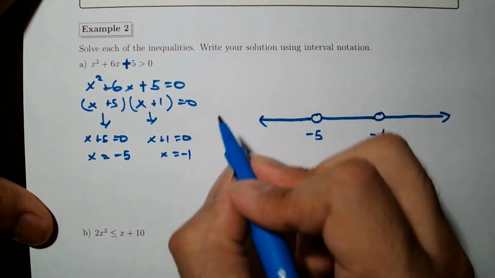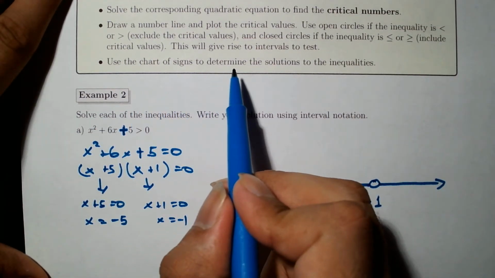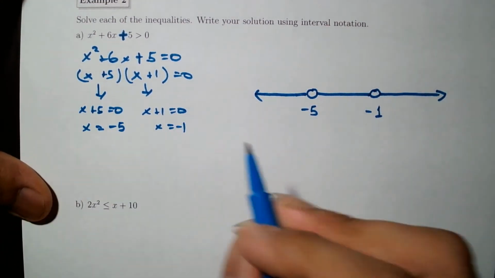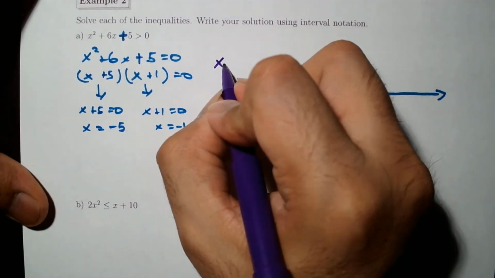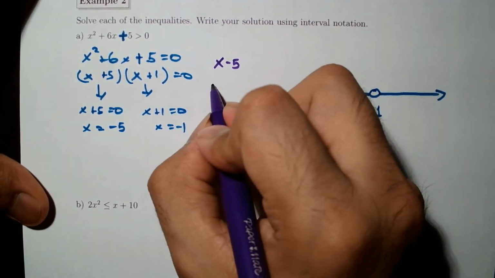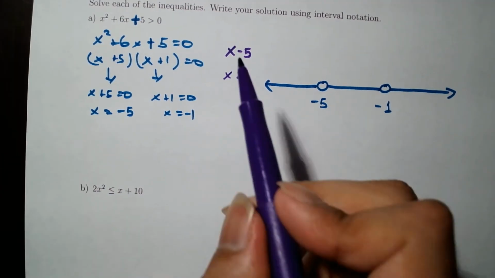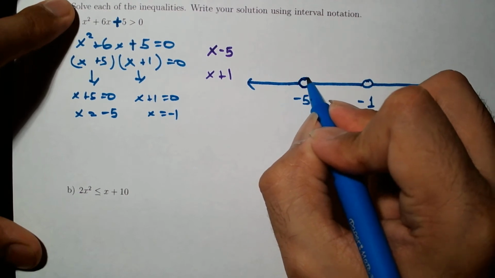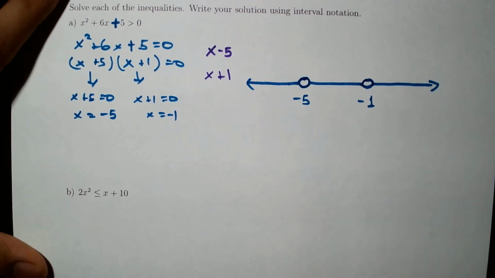Right next to it, I'm going to make a chart of signs to determine the solutions. I'm going to write down the factors, x plus 5 and x plus 1. I'm going to use this chart to determine the solution. When I plot the critical numbers on the number line, I get 1, 2, 3 intervals to test.